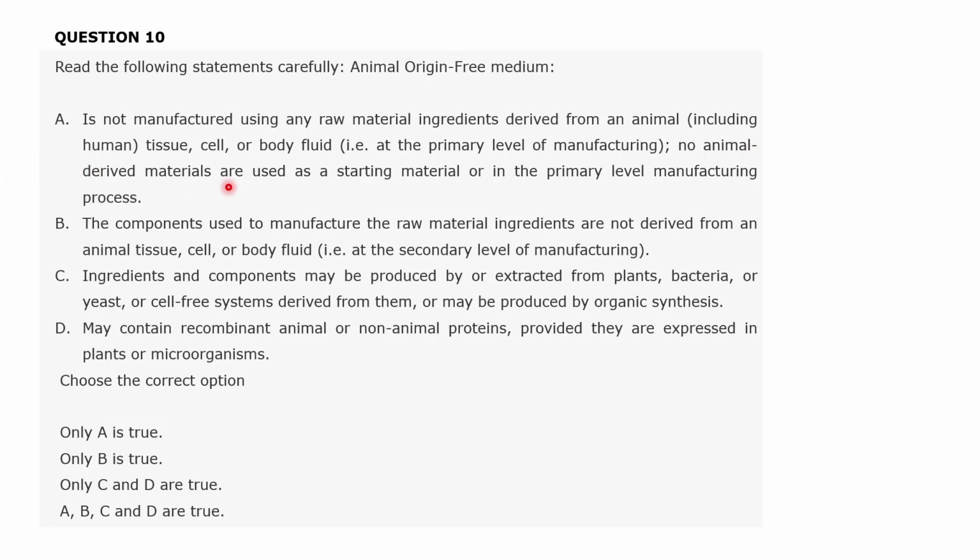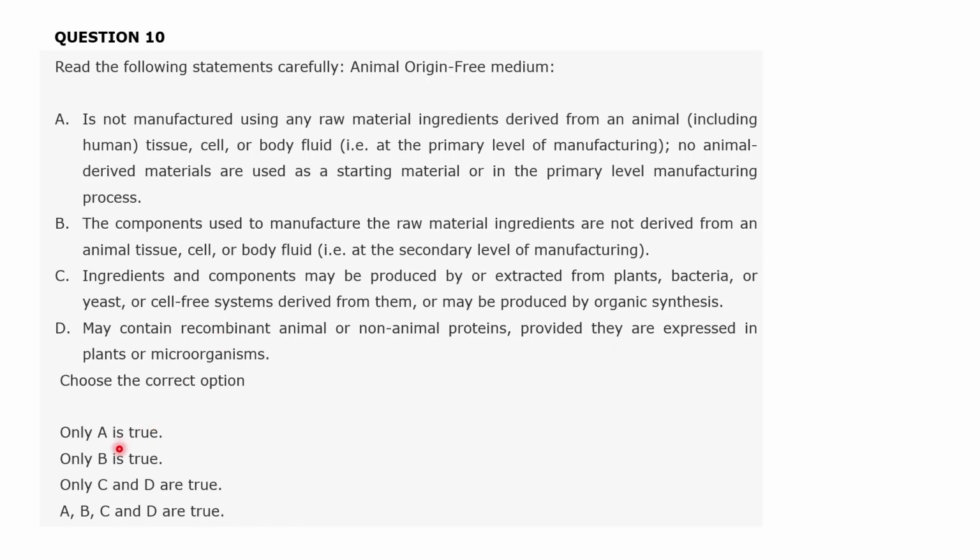No animal derived materials are used as a starting material or in the primary level manufacturing process. The components used to manufacture the raw material ingredients are not derived from animal tissue, cell or body fluid, at the secondary level of manufacturing. Ingredients and components may be produced by or extracted from plants, bacteria or yeast or cell-free systems derived from them, or may be produced by organic synthesis, and may contain recombinant animal or non-animal proteins, provided they are expressed in plants or microorganisms. Choose the correct option, which might be true.